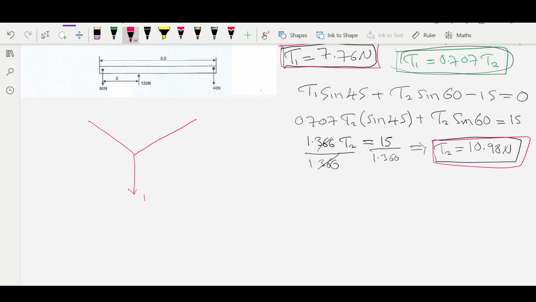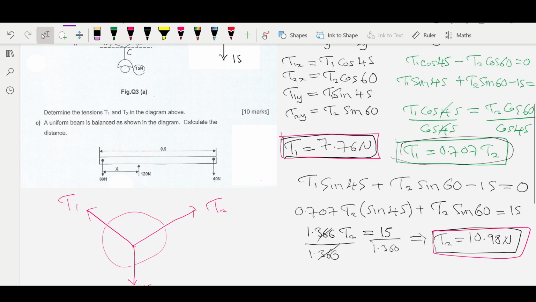We know that here we have 15, and then there we have T2 and T1 there. We just have to find the angle that is here, the angle that is there, and the angle that is there. And then we are set to go.